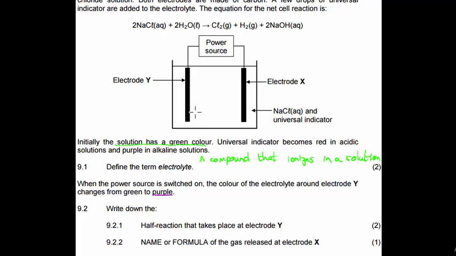Well, let's just think about it. I haven't done this question before, but at electrode Y, it means that we now have OH minus, because it says alkaline solution. Alkaline solution means there must be OH minus ions at this point.